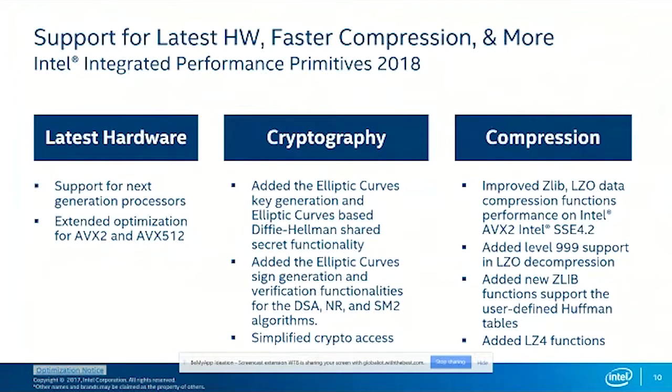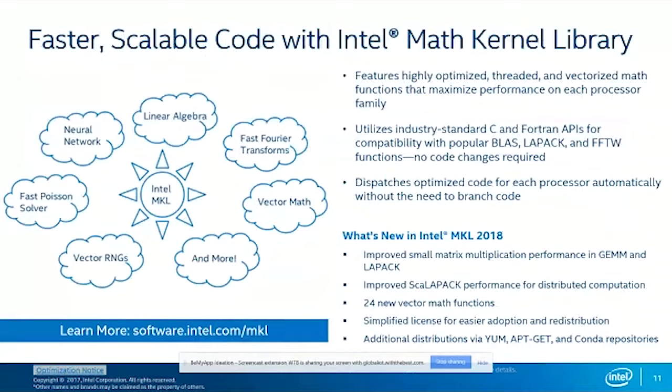Especially, Intel IPP also does special work on data compression, and we added a new data compression algorithm, LZ4, and we continue to optimize the existing ones like zlib and LZO data compression libraries.